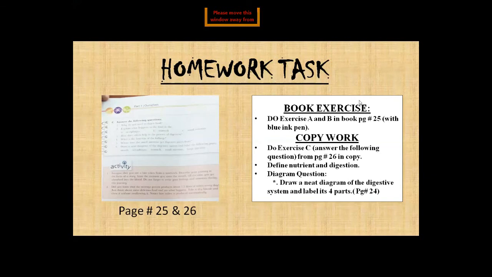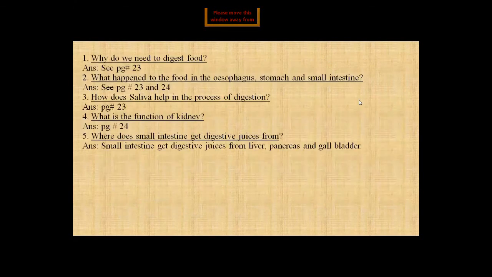Okay. Now, these are the questions which are present in your book. Why do we need to digest food? See page number 23. What happens to the food in the esophagus, stomach, and small intestine? See the answer on pages 23 and 24. How does saliva help in the process of digestion? The answer is on page number 23.